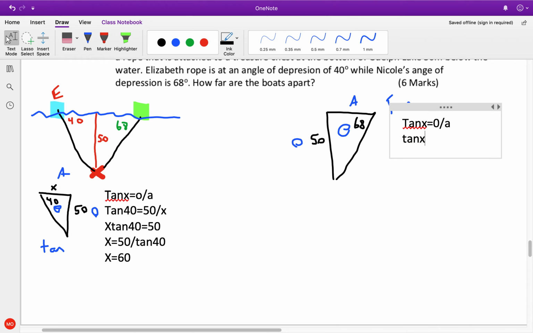Sorry, it's not tan x, it's tan 68 equals my opposite, 50, over x. That's what I'm looking for. This time I'm just going to flip them, since we already saw it on the other side. Then we go 50 divided by tan 68 equals 20.